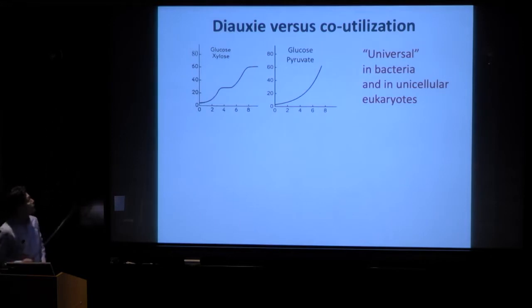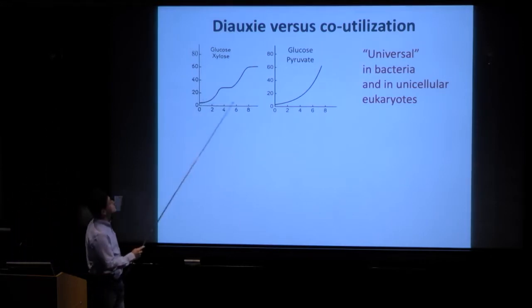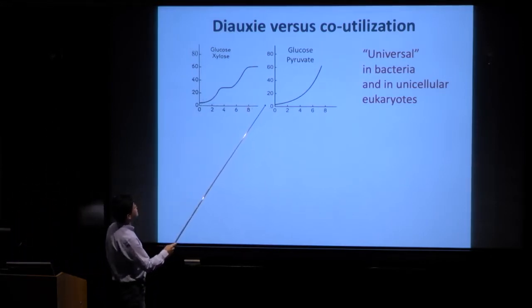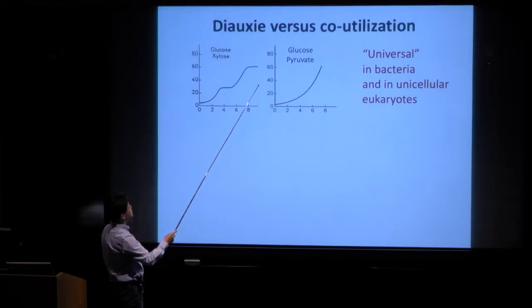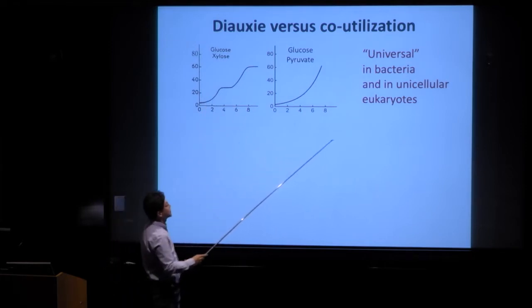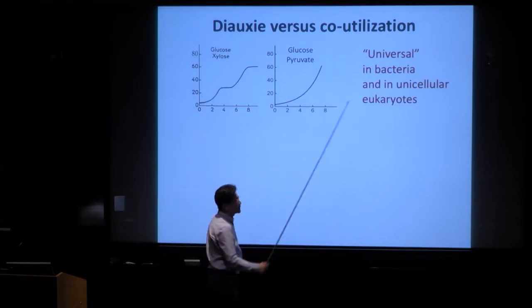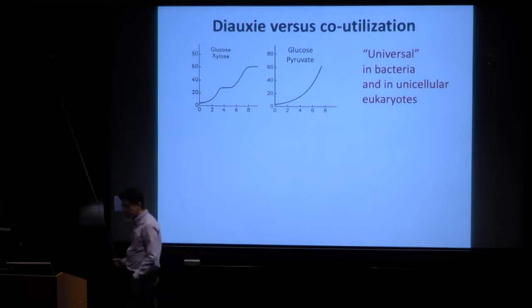Later on, people found that this phenomenon is very universal: in some combinations, they co-utilize, and in other combinations, they eat one first and then the second. In bacteria and even in some eukaryotes like yeast.